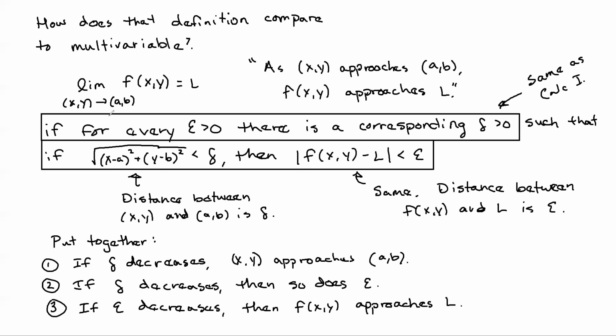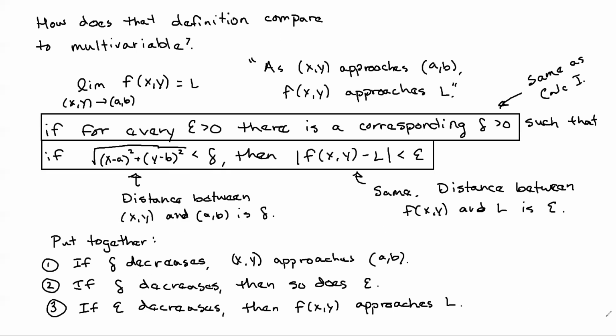It's kind of a chain reaction. Once delta is decreasing, then it's just one thing happening after another.